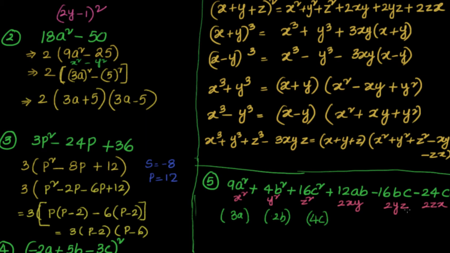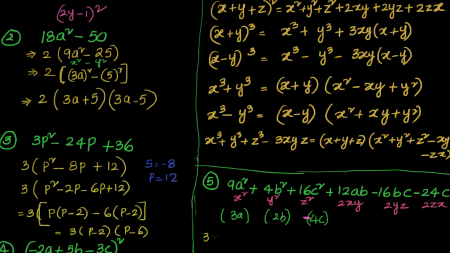Another way of approaching this is to check which is a common term in the negative terms. The negative terms are 2yz here, 2zx here. Which is the common term? z is the common term. So z is negative. z should be minus 4c. Let's expand this and see.